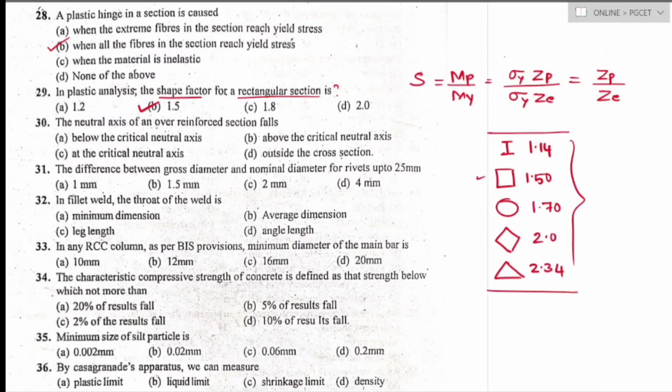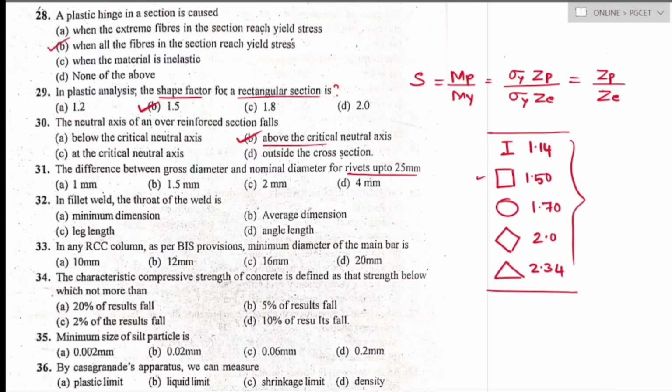Question number 30. The neutral axis of an over reinforced section falls above the critical neutral axis. So option B is the right answer. Question number 31. The difference between the gross diameter and nominal diameter for the rivets up to 25 mm.